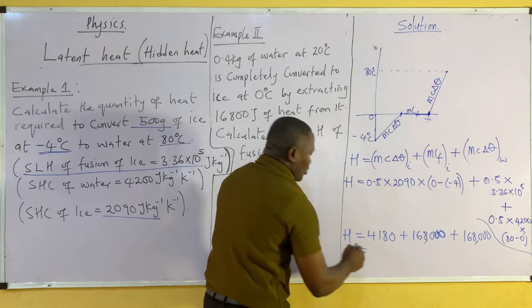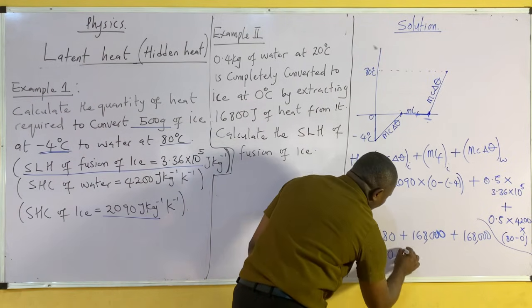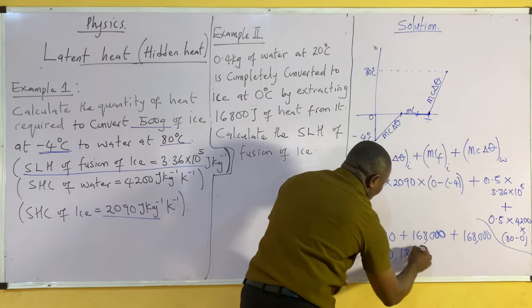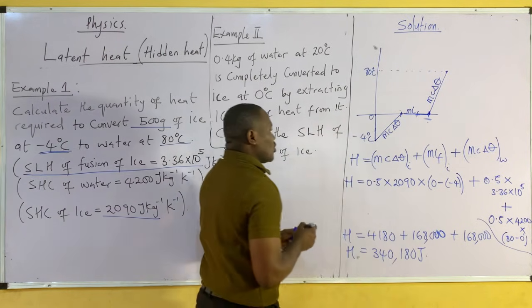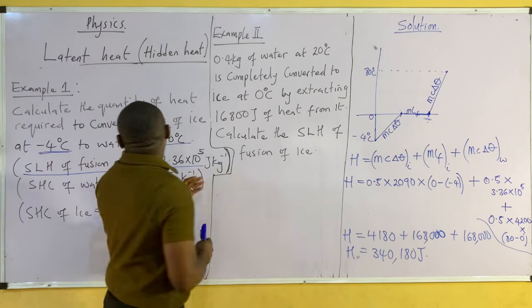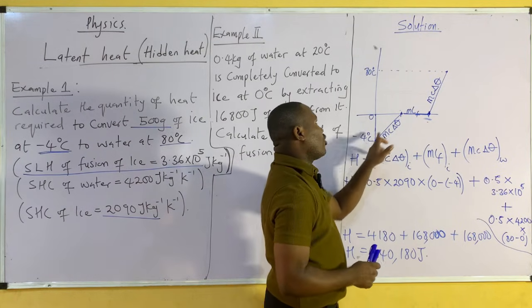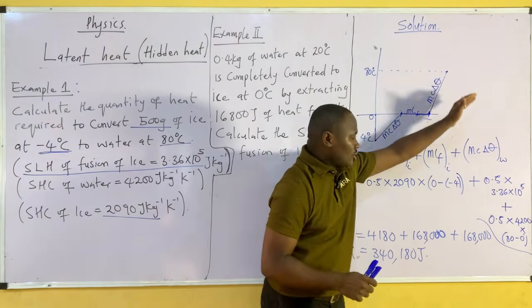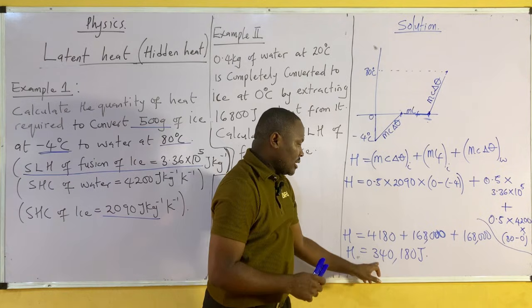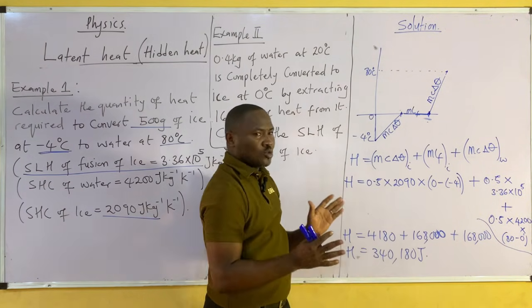H is now equal to 340,180 joules. So the heat required to convert ice from -4 to 80 degrees Celsius is equal to 340,180 joules. Now, how do you get it?